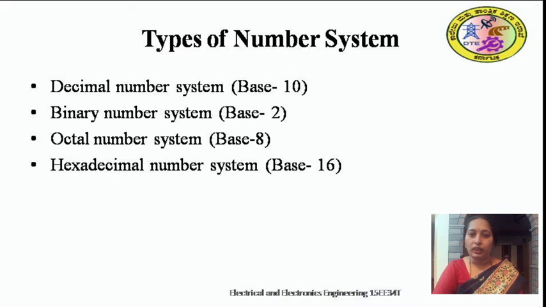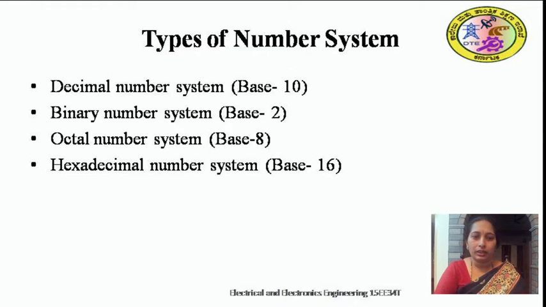In the decimal number system, we use 10 symbols or digits, ranging from 0, 1, 2, 3 up to 9. Since we are using 10 symbols, it is called the base 10 system.